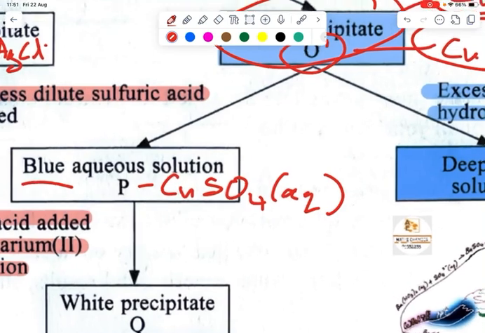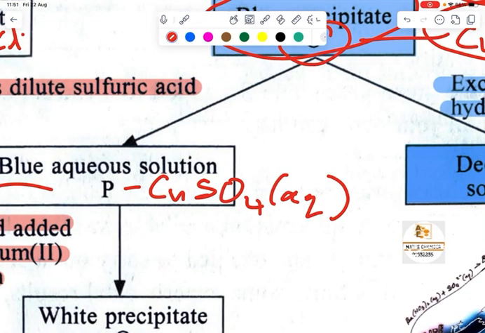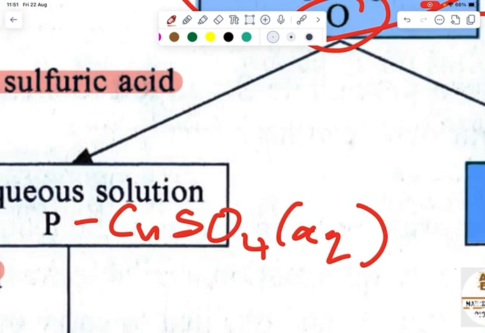If you want to know the equation, basically with the concentrated acid, your copper 2 plus reacts with concentrated sulfuric acid, H2SO4, which must be AQ.